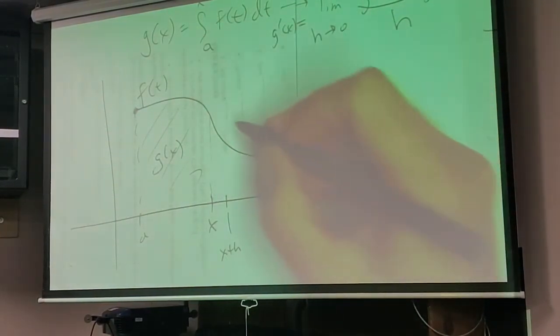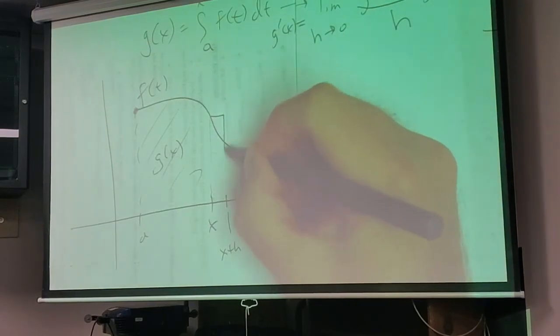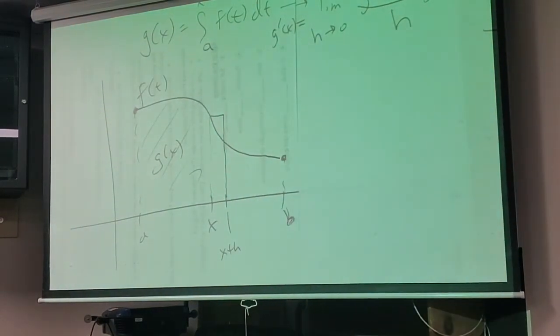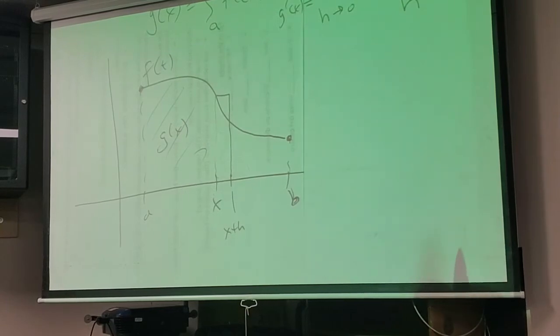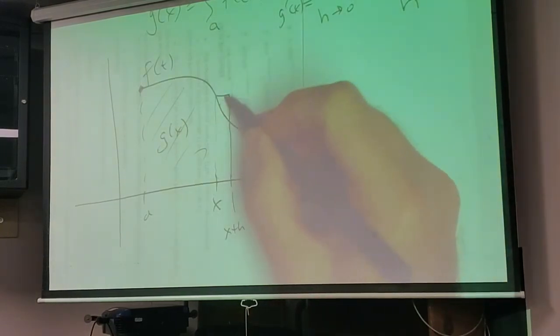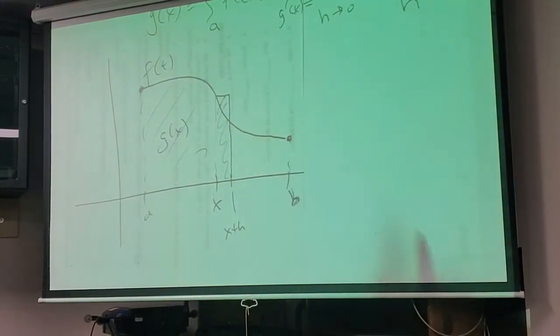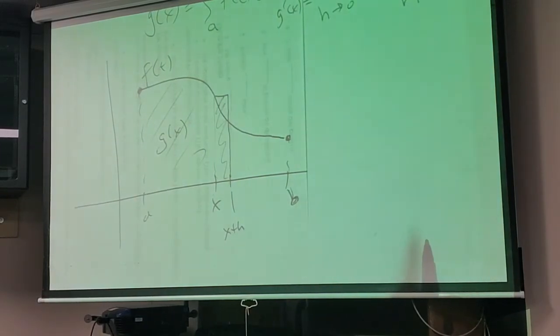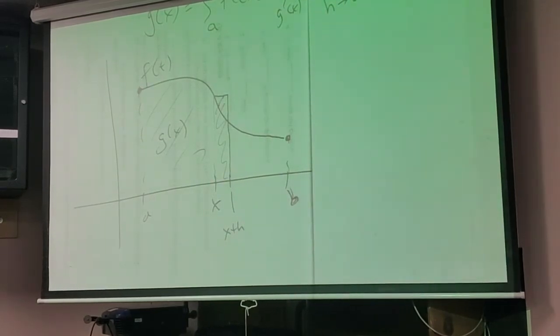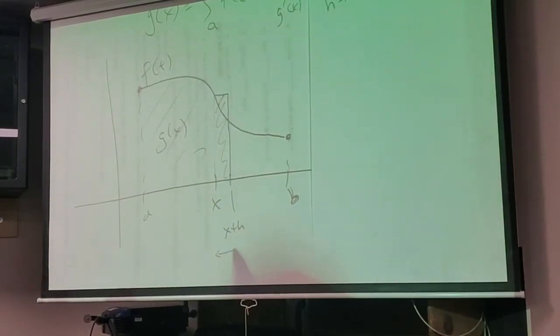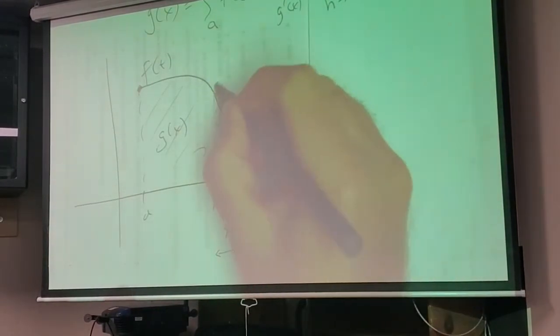Okay, now watch this. That should be very familiar. I've just drawn a little rectangle, like Riemann sums. Can somebody tell me what the area of this rectangle is? How wide is it? It's h wide.